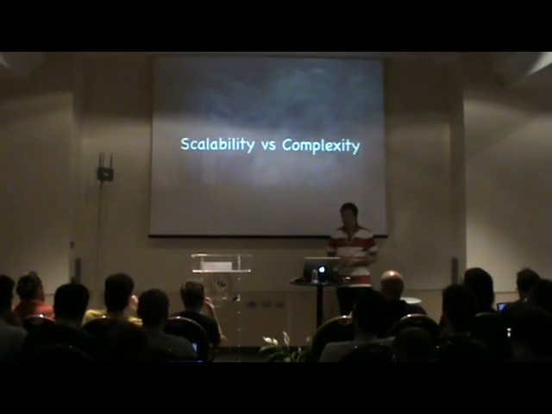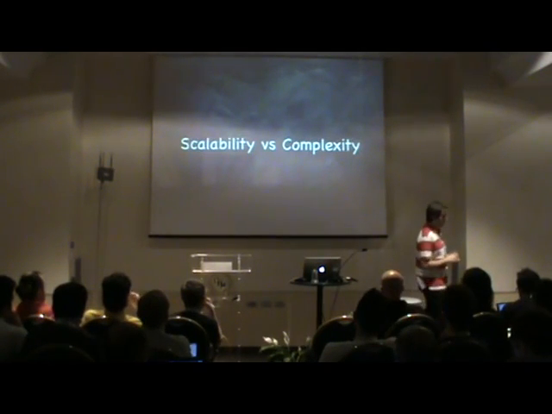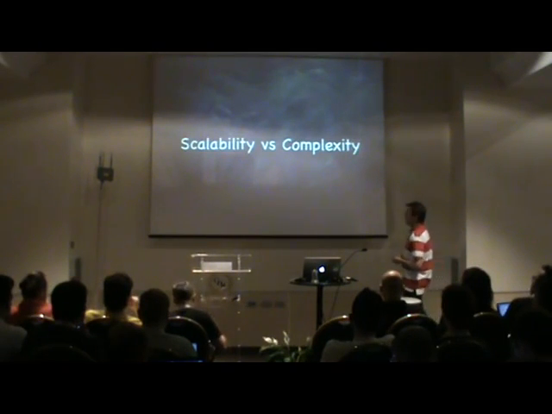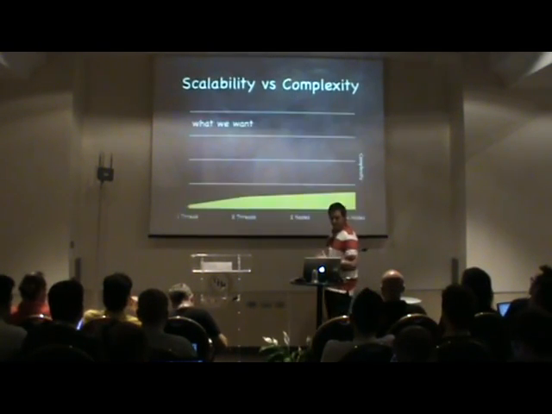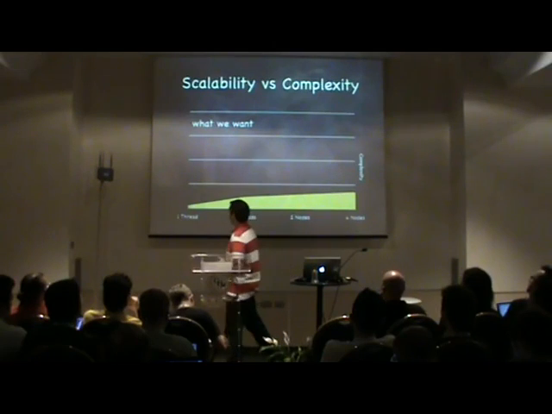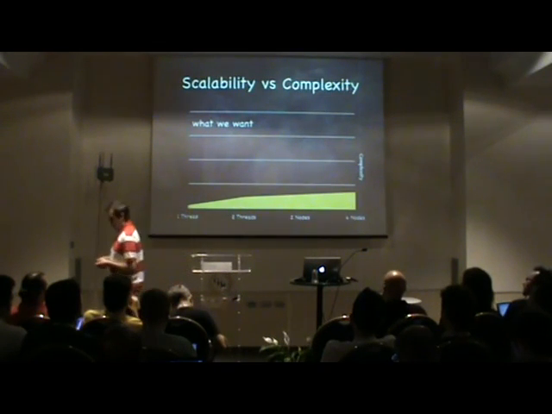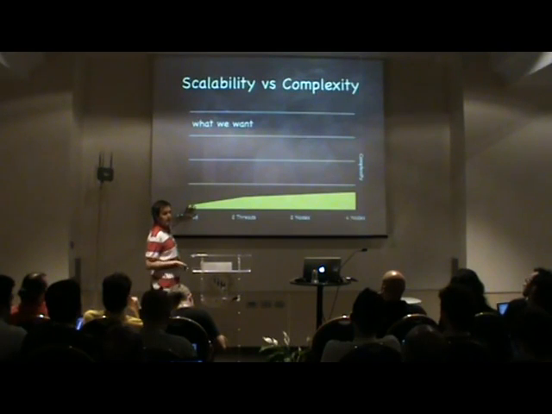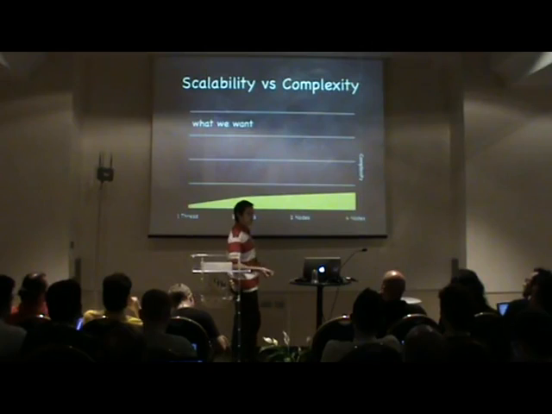Let's start with the classical big problem that everyone has, scalability versus complexity. This is a chart that probably you know. You have complexity, and you have your application with one thread, maybe two threads, maybe more threads, some multi-threading applications.